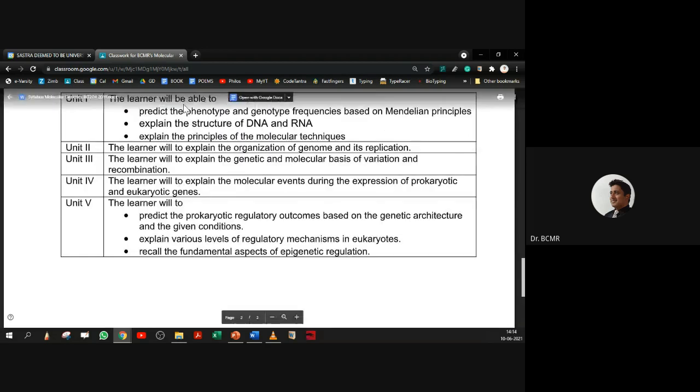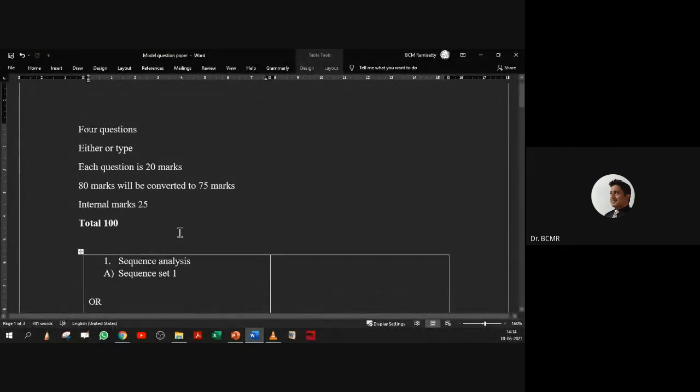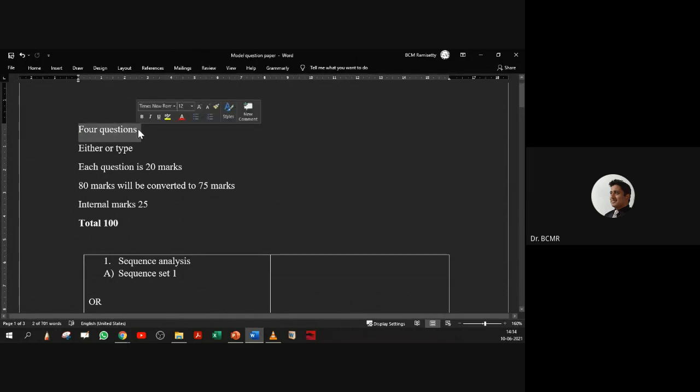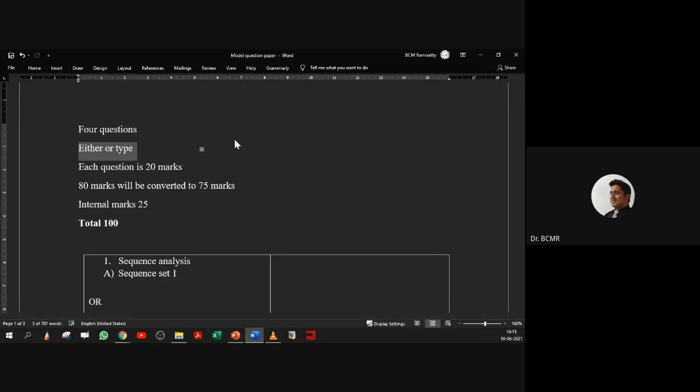Okay, so what I now want to do is to take you through a question paper model. There will be four questions in the exam, and each is an either-or type, in the sense that you will have one question, and in that question A and question B will be there.